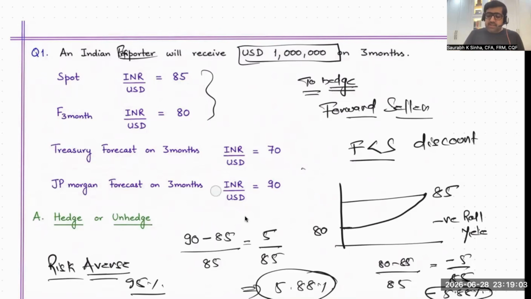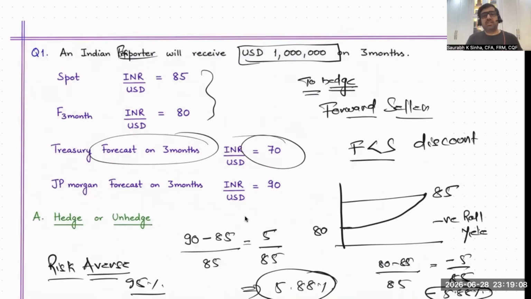The second scenario. Now where the Treasury is forecasting that USD will fall to 70. If USD will fall to 70, so 70 minus 85 upon 85. I think it is 15 upon 85, right? So 15 upon 85 is 17.647% negative.